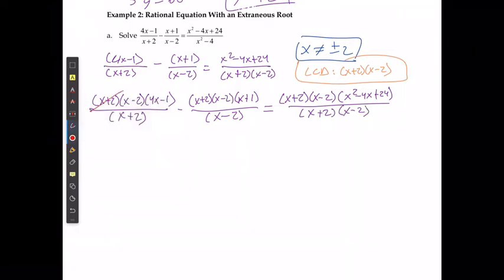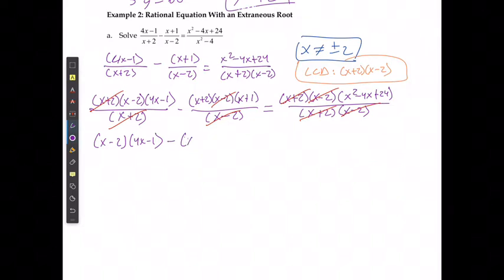Divide out, that's going to be gone, that's going to be gone, and those are going to be gone. Which means that I am left with x minus 2 and 4x minus 1 minus x plus 2 and x plus 1 is equal to x squared minus 4x plus 24.